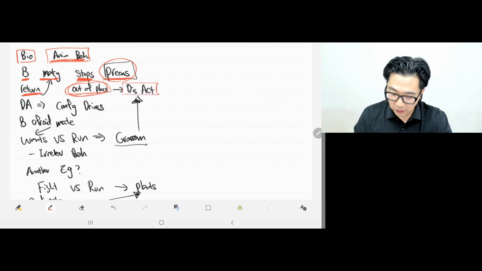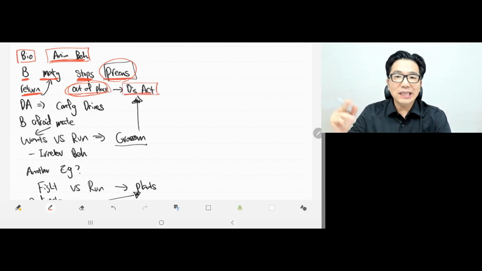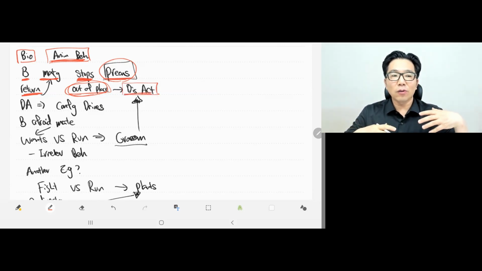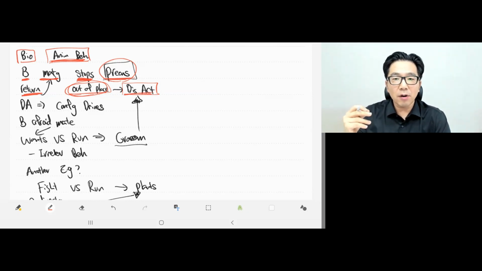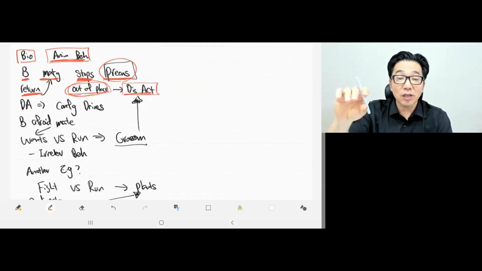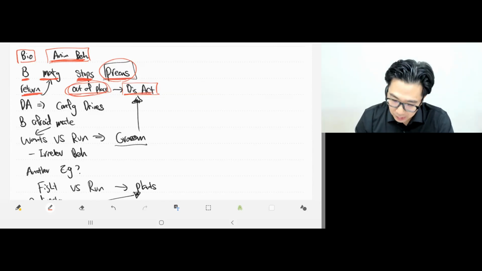The important thing here is you can write DA, you can write all the alphabets, but you need to remember the word displacement activity because it's one of the concepts, so that when you see it written in the questions, you will recognize it and understand it. Okay, that's all.